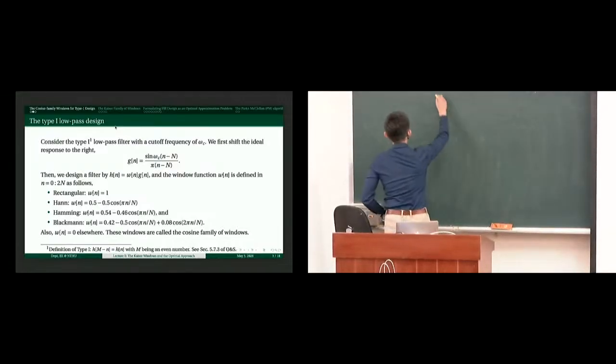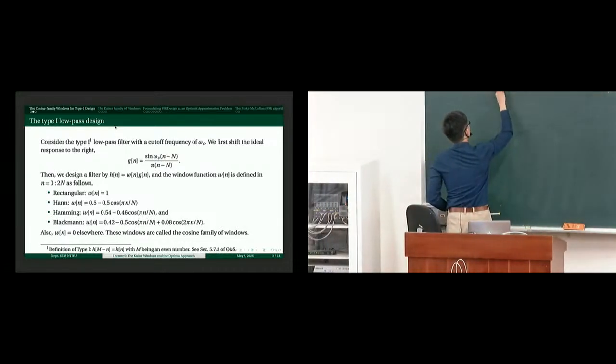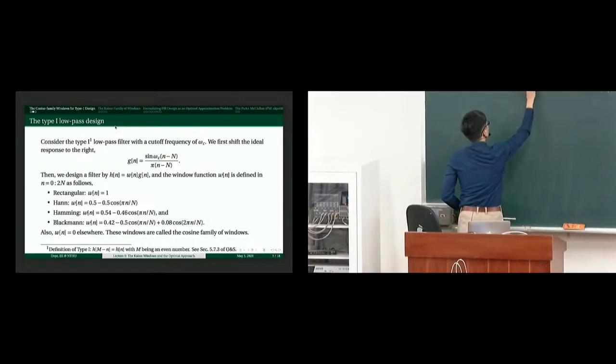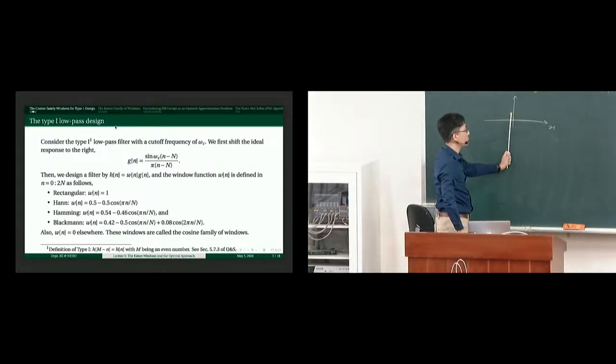So when we design by window using a multiplication in the time domain, just for the convenience of discussion, we've been assuming that in the time domain, the window as well as the ideal function are both evenly symmetric around time 0.